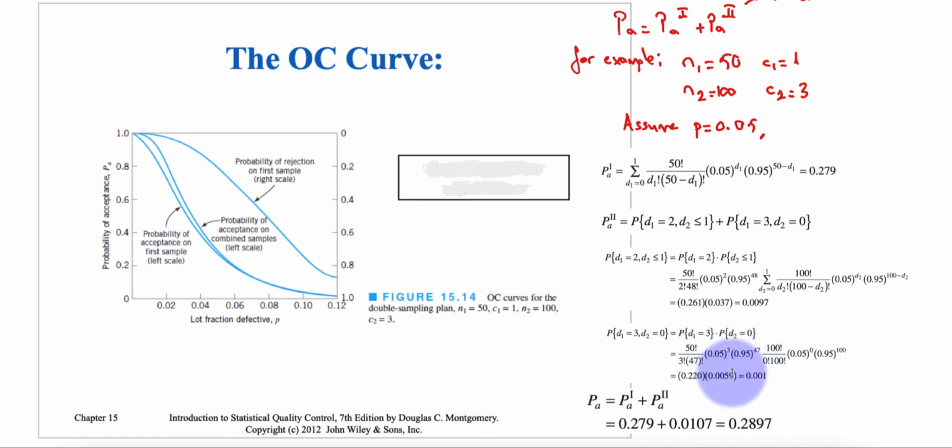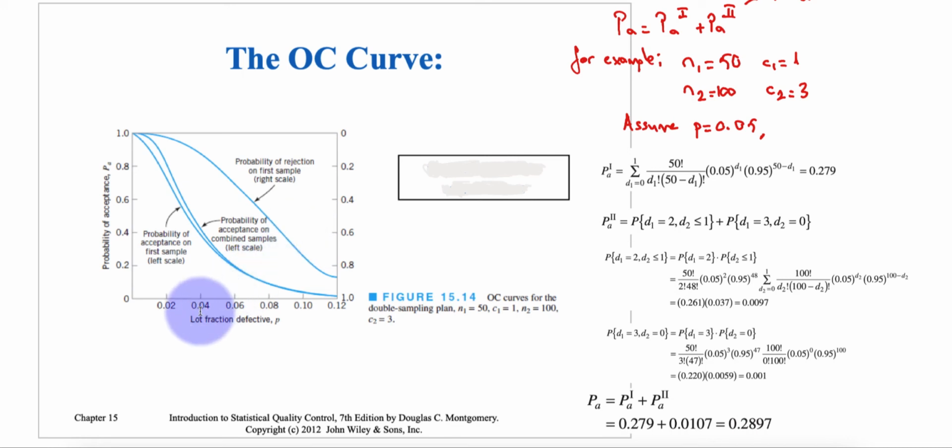The total of the first case and the second case gives the probability of acceptance at the second sample. We have already calculated the probability of acceptance at the first sample. The total of these is the probability of acceptance with double sampling. So we can construct the OC curve with these calculations.